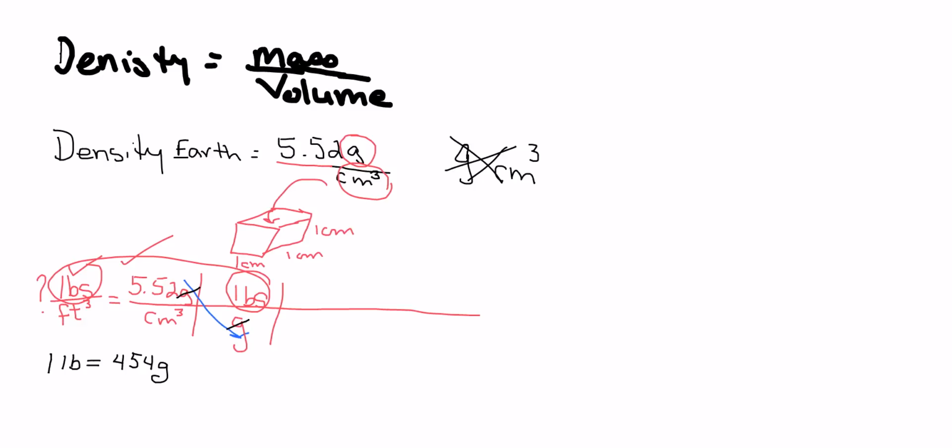1 inch is equal to 2.54 centimeters. So the way I would do this. Now, how many different ways do you think there are to do this problem? There's plenty. Plenty, plenty, plenty. So I challenge you to find another set of unit conversions that work equally well. So because I don't want centimeter cubed in the denominator, look what I'm going to do.